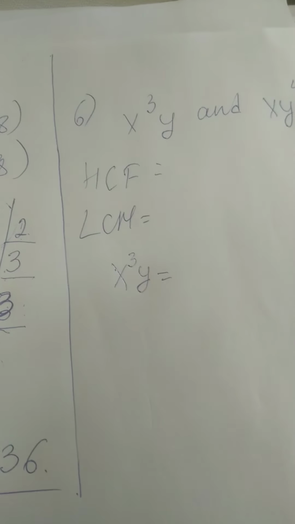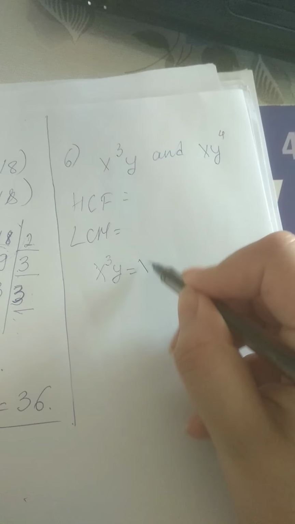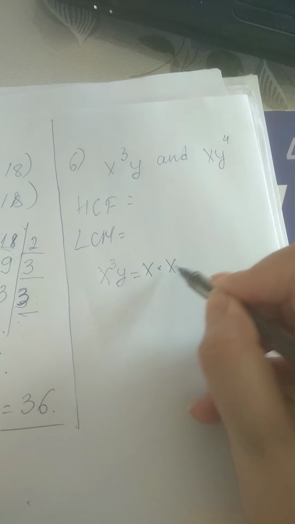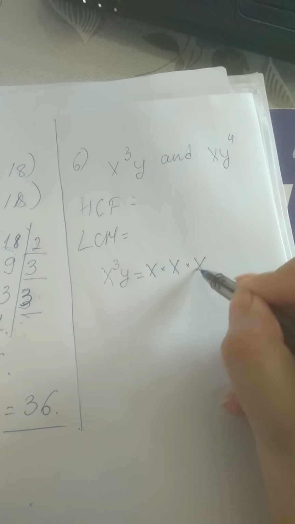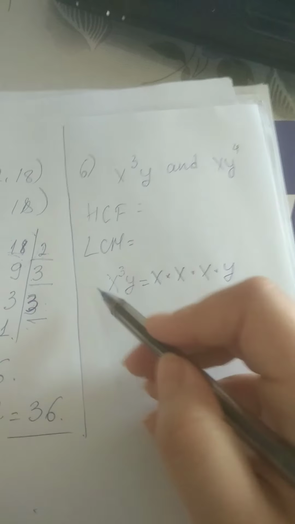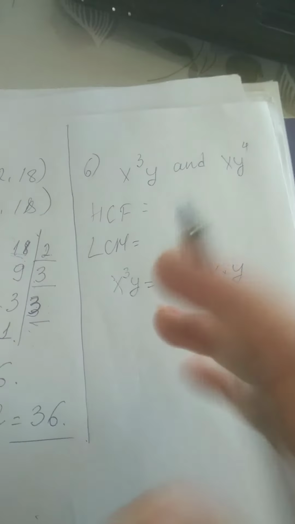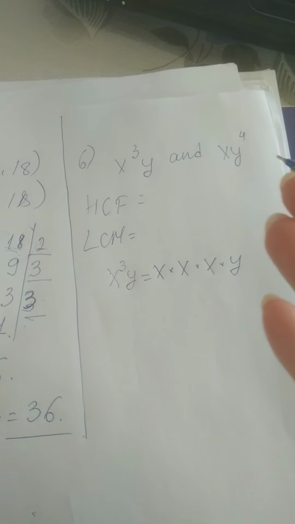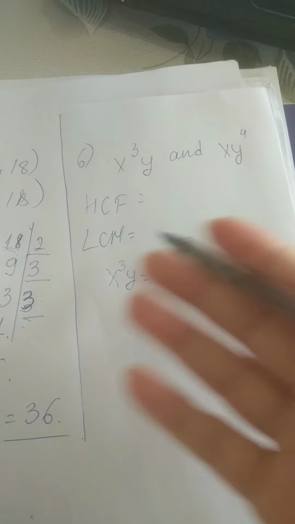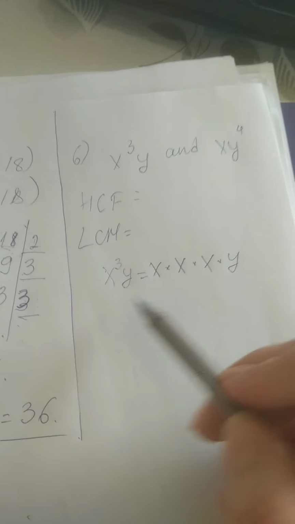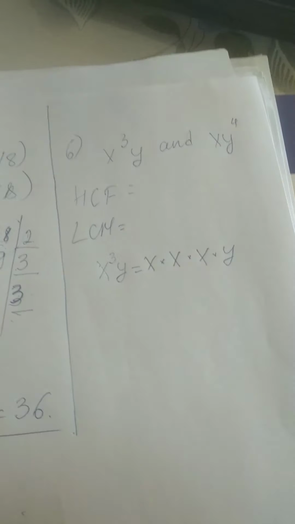With the multiplication, like x times x times x. So we need to write x multiplied by x multiplied by x, then multiplied by y, because this is a multiplication. If you see there's no sign, you should know that this is multiplication. That's why they didn't write there anything. So x multiplied by x multiplied by x multiplied by y, that's it.